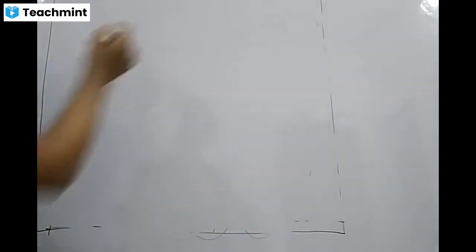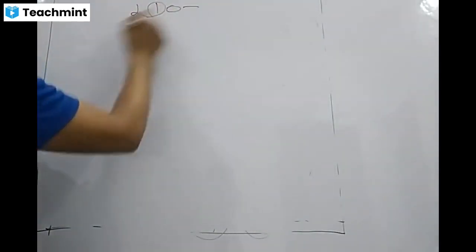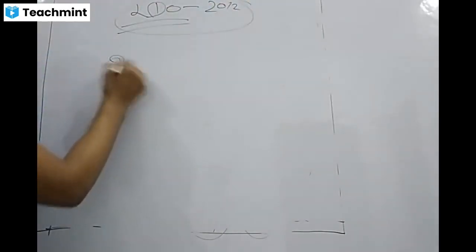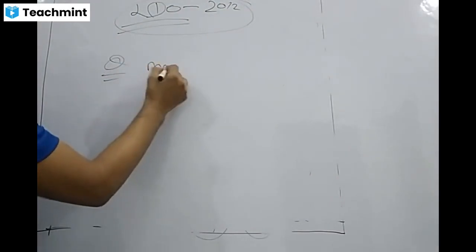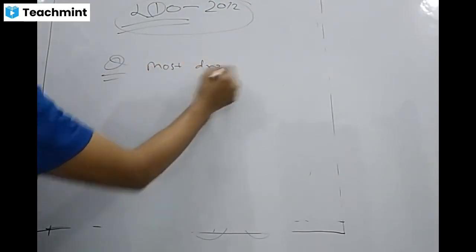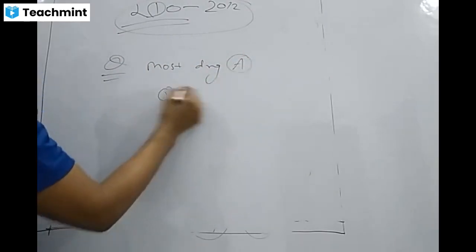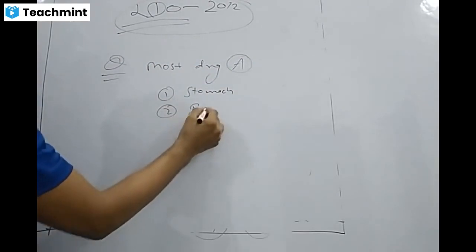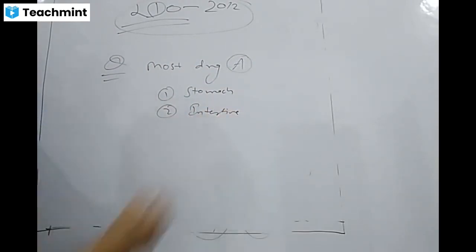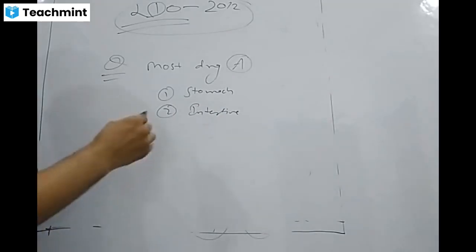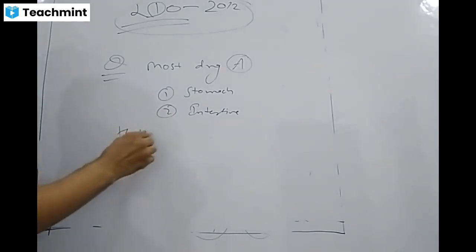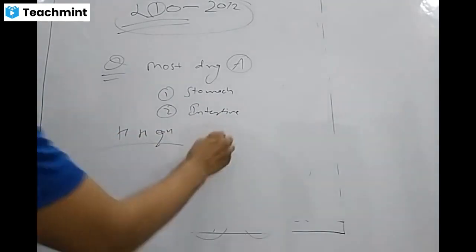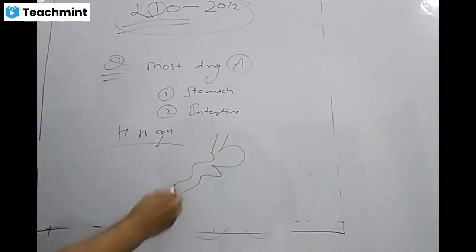If you look into your module, in 2012 LDO there was one question: most of the drug is absorbed from, first option stomach and second intestine. If you look at the Henderson-Hasselbalch equation, according to that equation, this is the stomach.